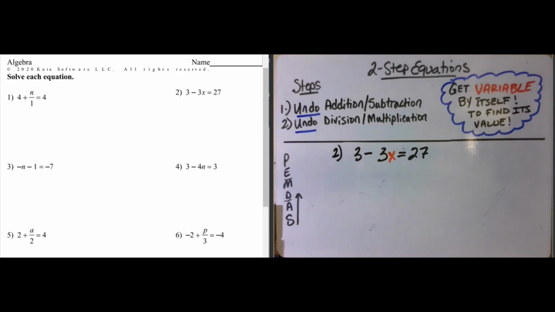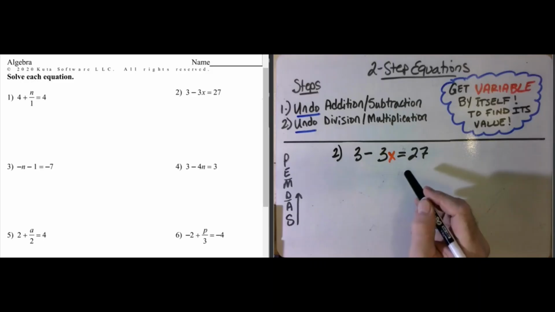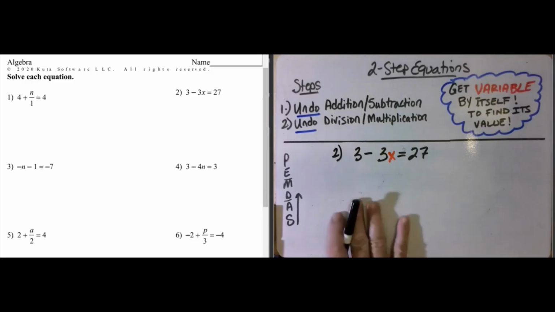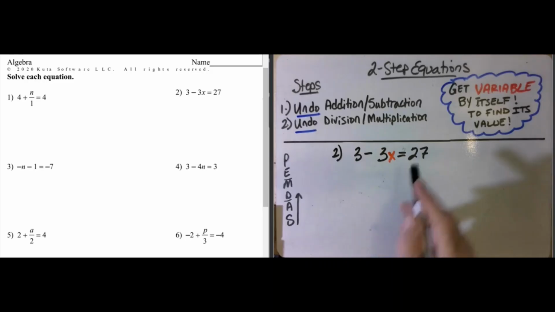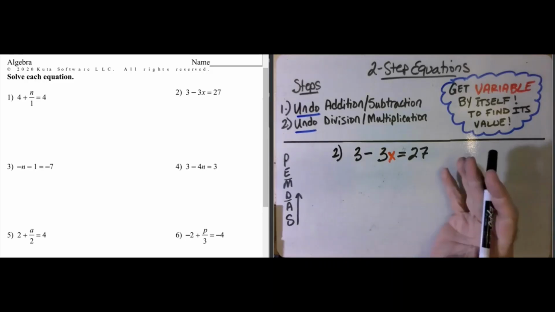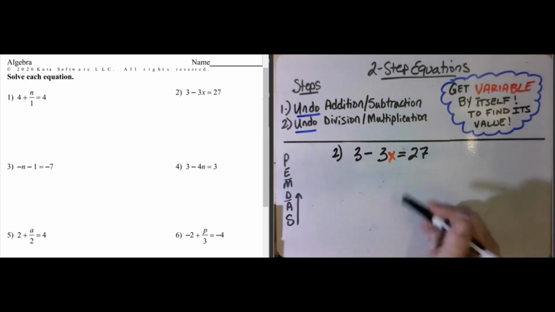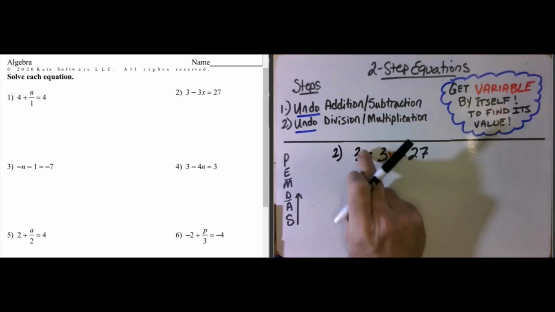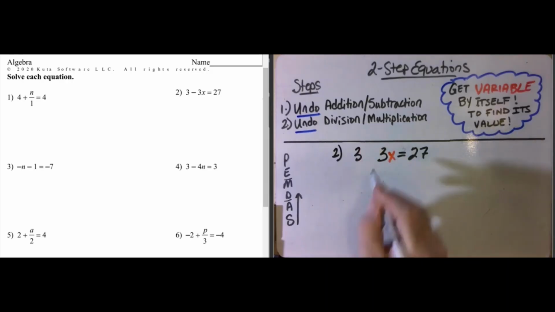At least when you're learning, it's good to do stuff like that just to make things jump out at you. The first thing you always want to do when you're doing an equation is to identify the variable or the variable term, that term which includes the variable in it. And this one, x is the variable, and the term is negative 3x.